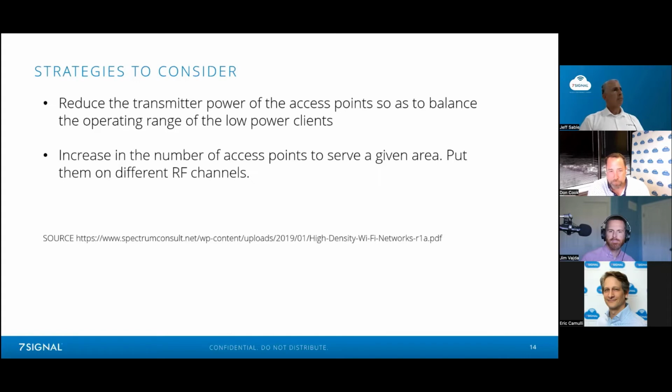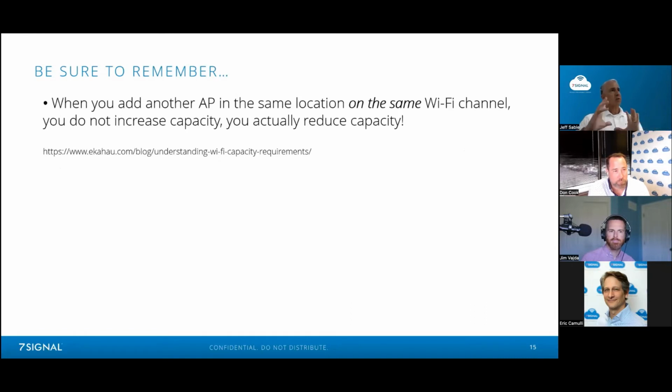And in parallel with that, you may want to increase the number of access points in a given area, but make sure you put them on different RF channels. Because, and this may be intuitive for most of us on today's call, if you increase the number of APs but you're broadcasting on the same channel, you're actually going to reduce capacity, because you're going to create a lot of problems, right?